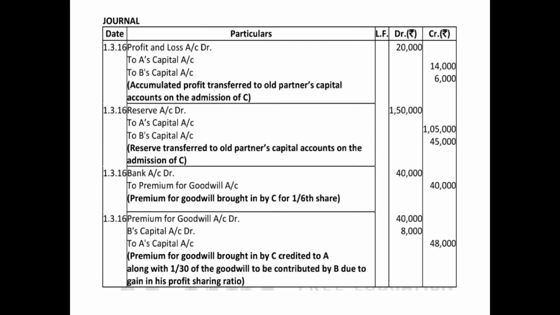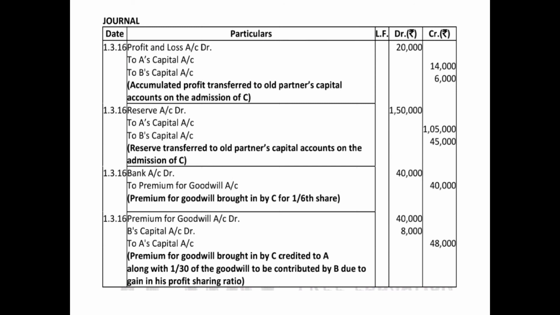So first of all, A, that is the sacrificing partner, will get the amount of premium for goodwill brought in by the new partner completely, because he is the only sacrificing partner. So premium for goodwill account debited 40,000. Then A will also get the compensation by the gaining partner, that is B, which we have already calculated as rupees 8,000.